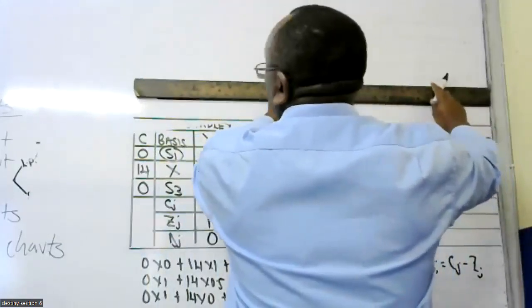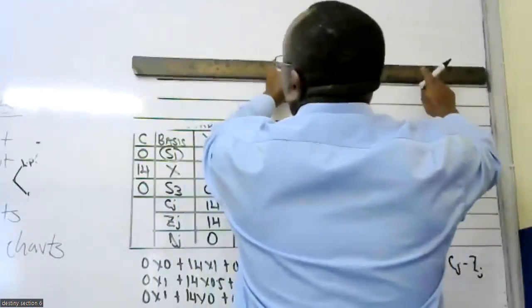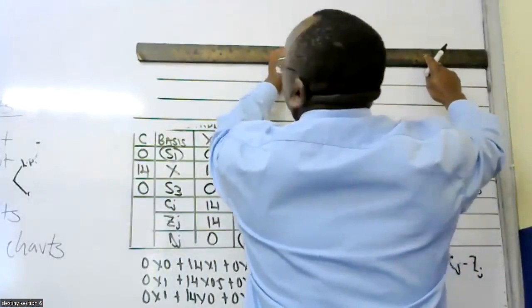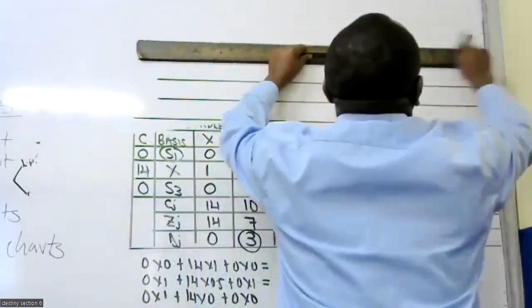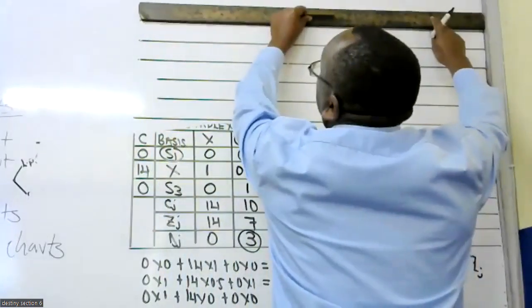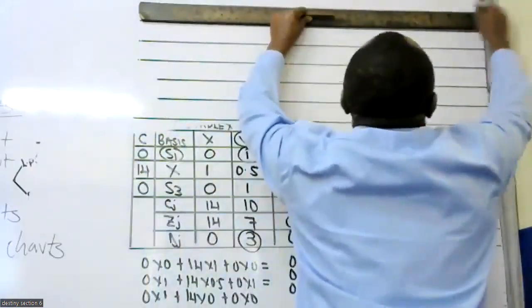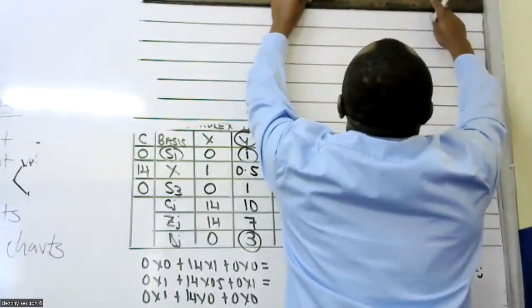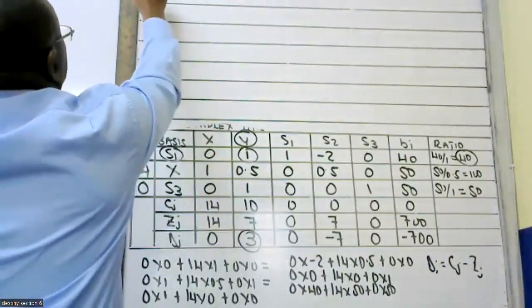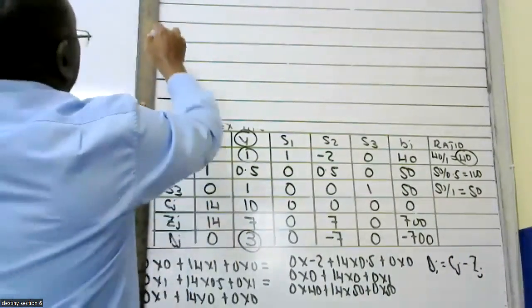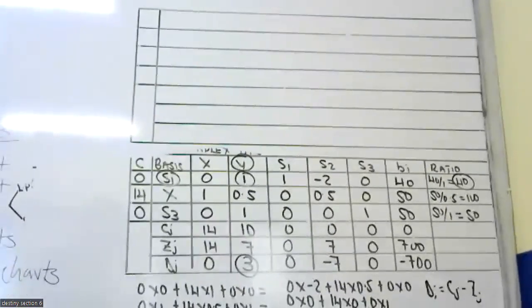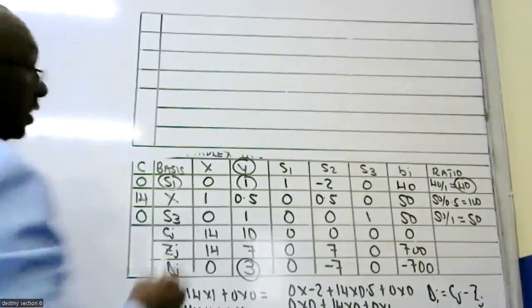That's DJ, that's ZJ, that is CJ, at the first, the second value, the third value, and this is the type. So this one now that I'm designing is my third simplex table.